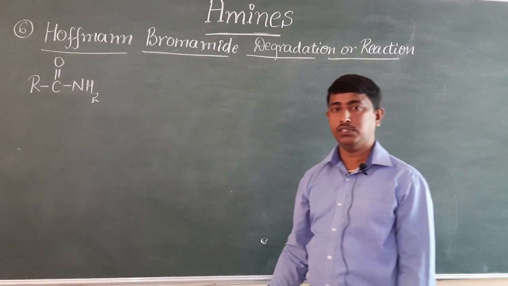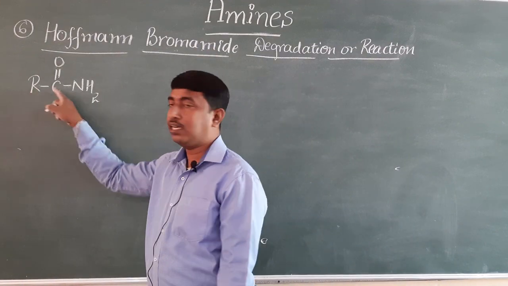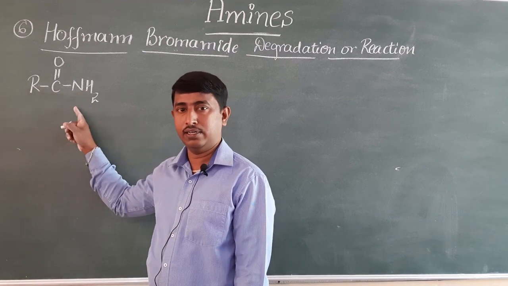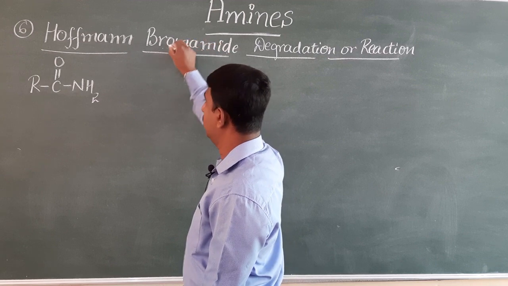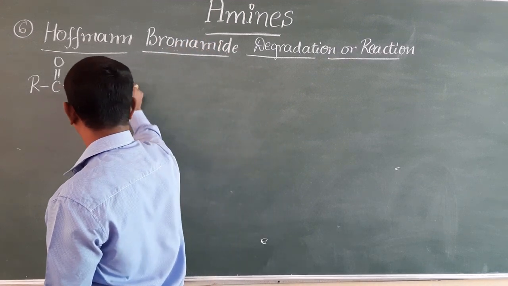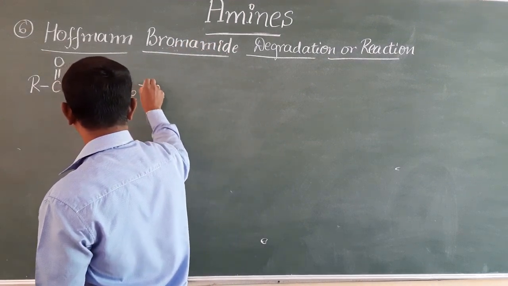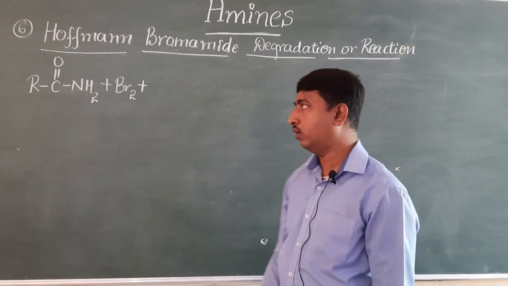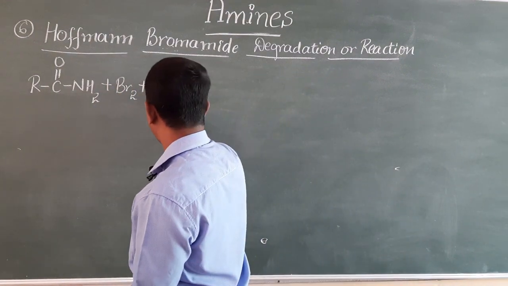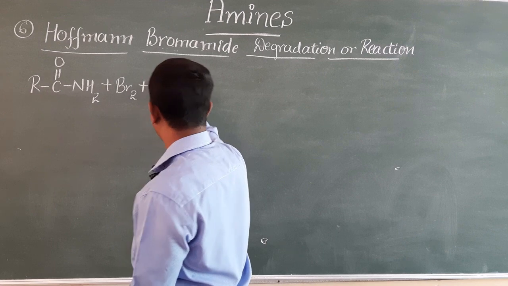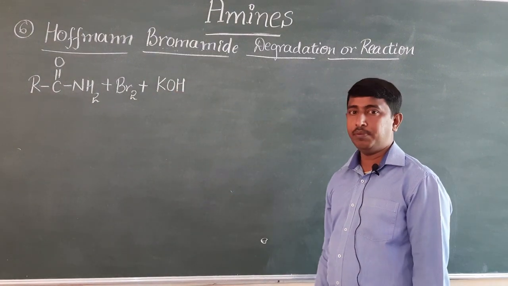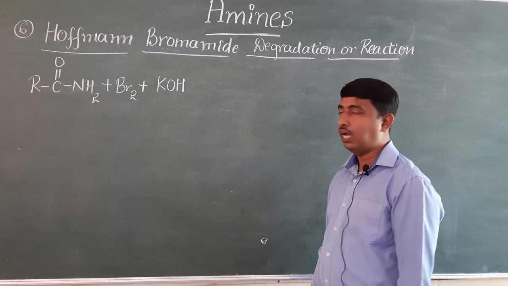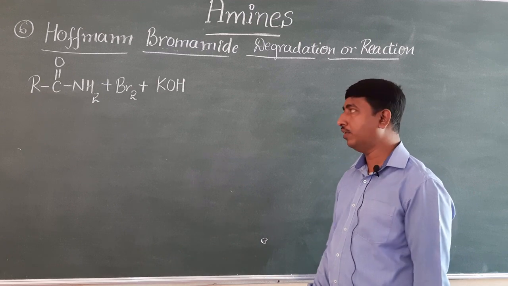It is RCONH2, acid amide, with C double bond O, NH2. Along with the bromine, one more reagent I have to add, either sodium hydroxide or potassium hydroxide. I will take potassium hydroxide, either aqueous or alcoholic, anyone you can take.